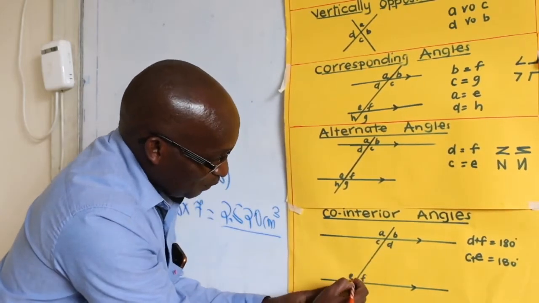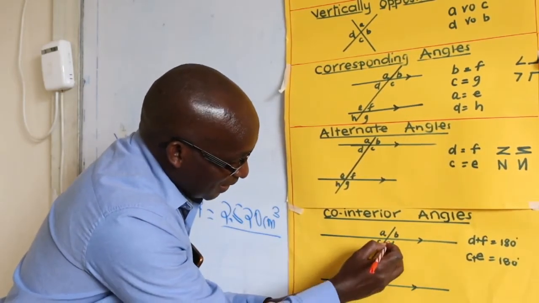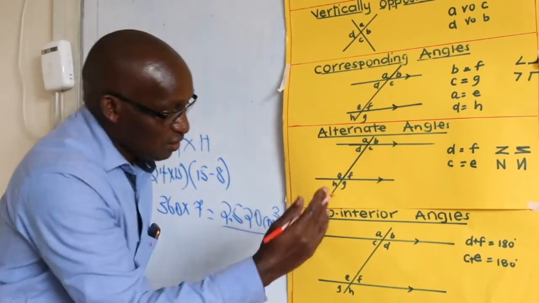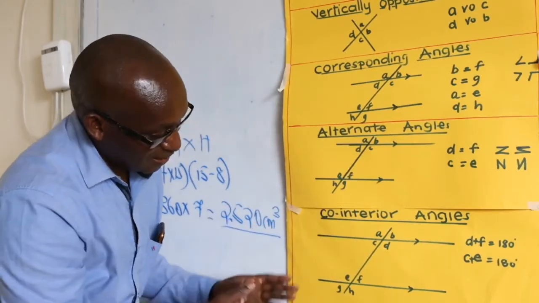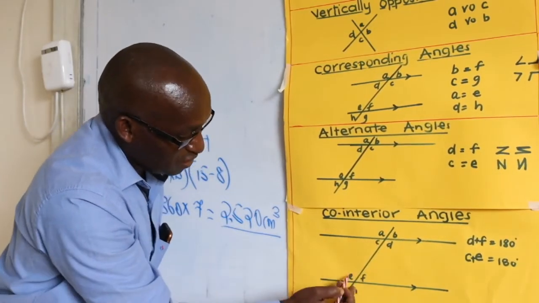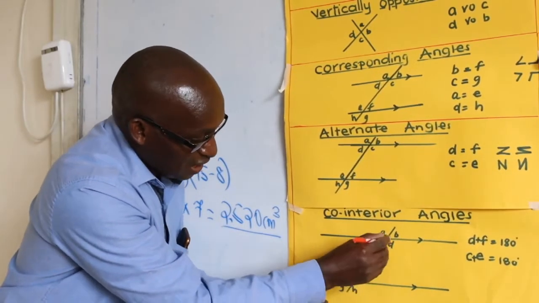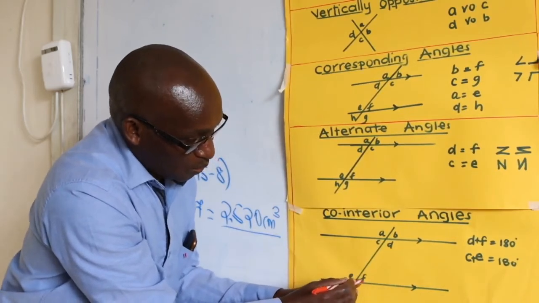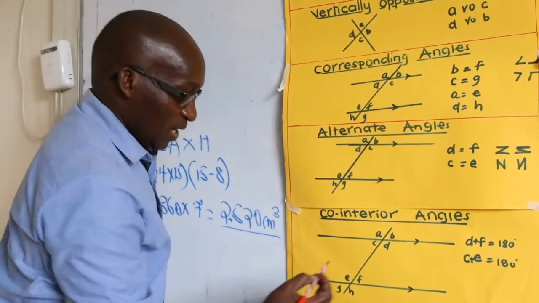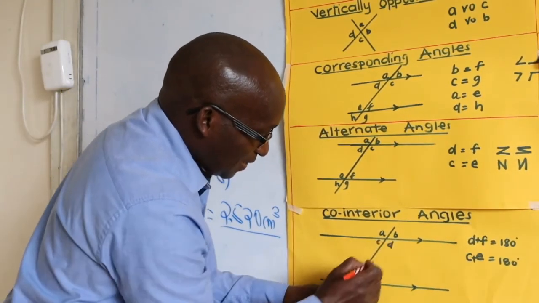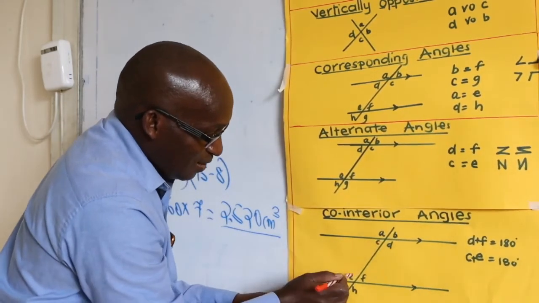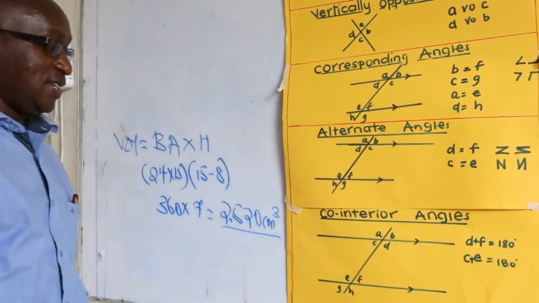We have a transversal, parallel lines, and the two angles that find themselves on either side of the transversal and they are inside, we refer to those angles as co-interior angles. For example, angle C is co-interior angle E, and angle D is co-interior angle F. Co-interior angles add up to 180 degrees, meaning angle D plus angle F will give you 180 degrees. Angle C and angle E will give you 180 degrees.